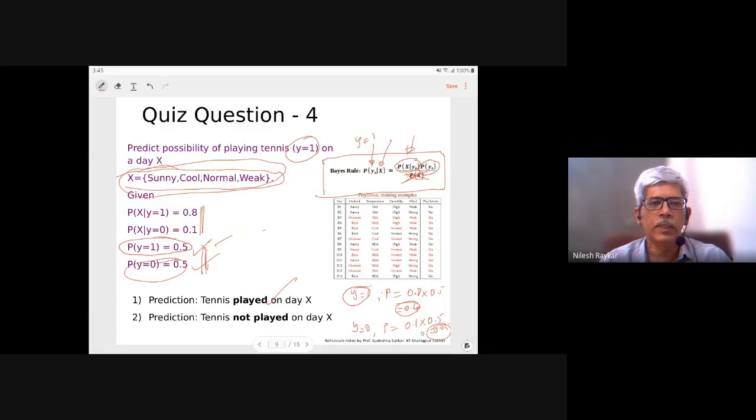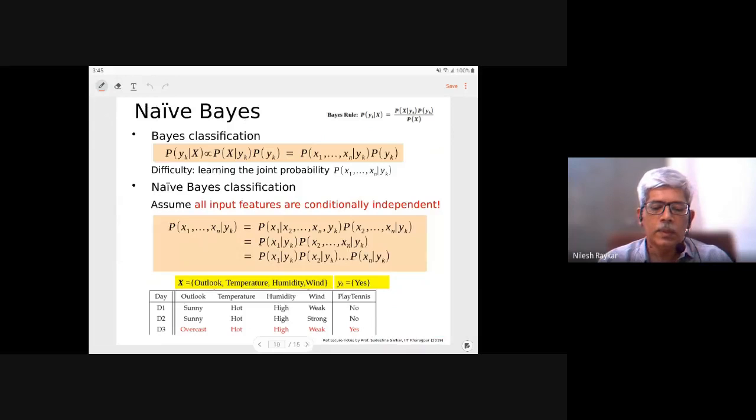So how do you deal with this kind of situation is the question. That question is solved by making the assumption that each of these features is conditionally independent of the others. Here conditionally means conditioned on the decision we are taking.